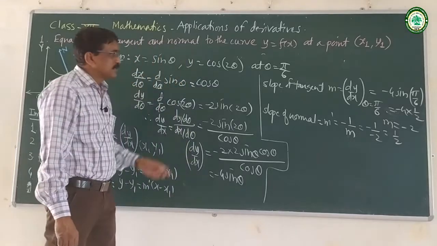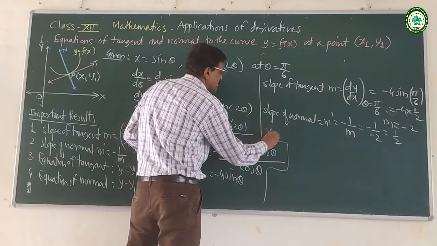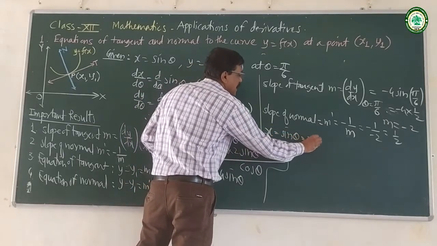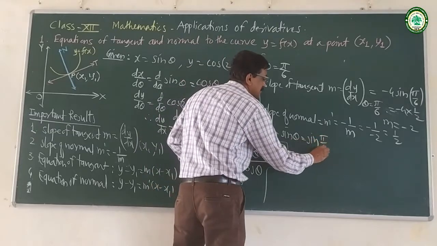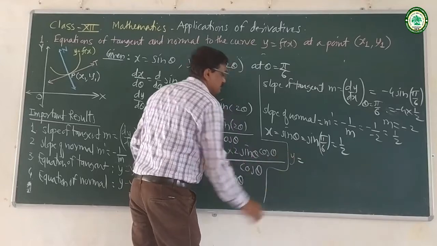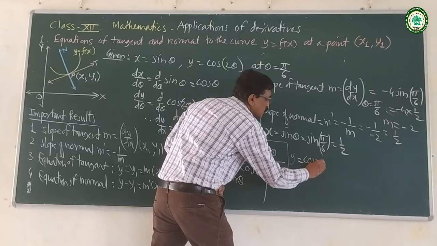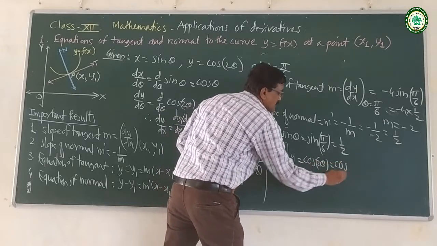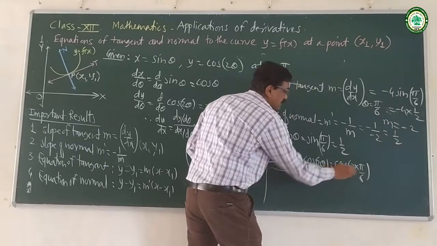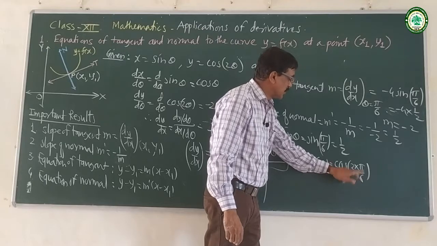Now, let us find the point of contact. What is x? Sine theta. So x is equal to sine theta, theta is pi by 6, sine 30, 1 upon 2. What is y? Y is cos 2 theta. Replace theta by pi by 6. 2 into pi by 6, 2 3s are 6, so it is pi by 3.